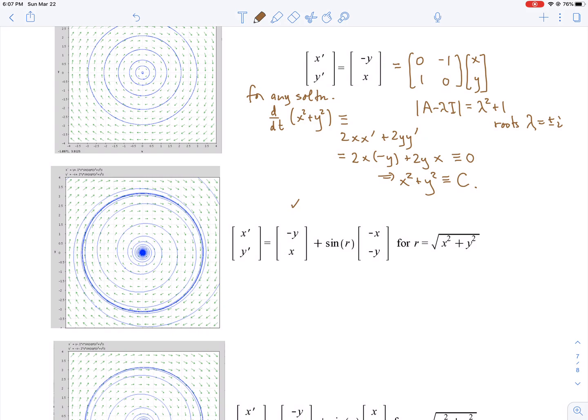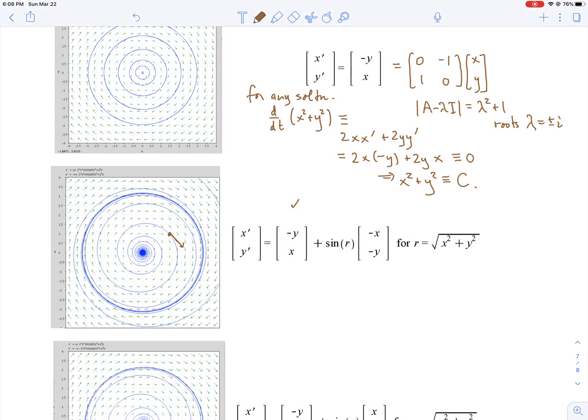Furthermore, if you think geometrically about what's going on, if you were to point x, y, then the vector minus y, x is perpendicular to the position vector x, y. It will actually be the tangent vector to the circles in the previous case.